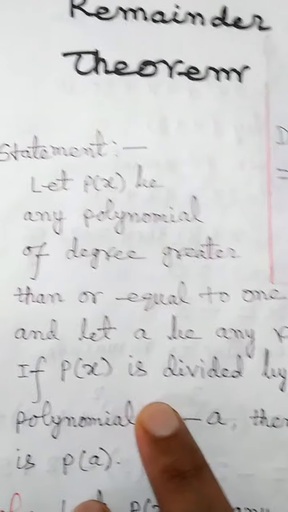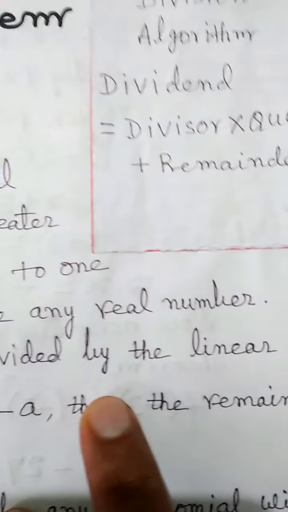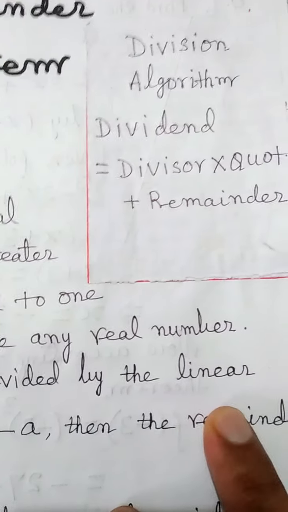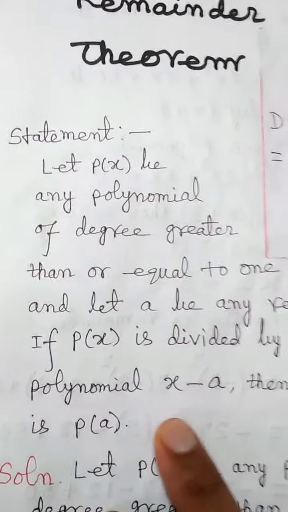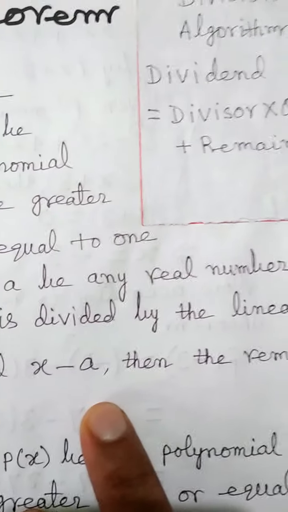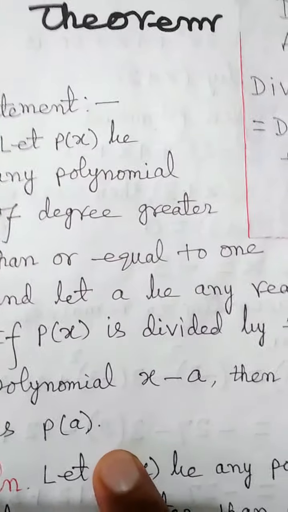If P(x) is divided by the linear polynomial x minus a, then the remainder is P(a).